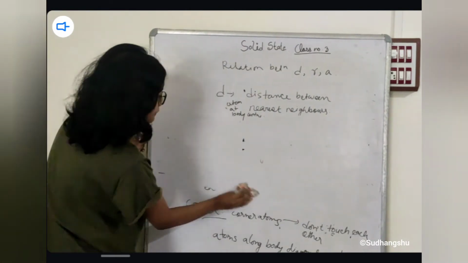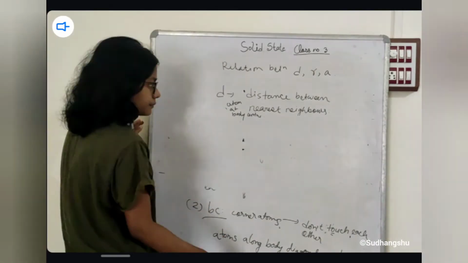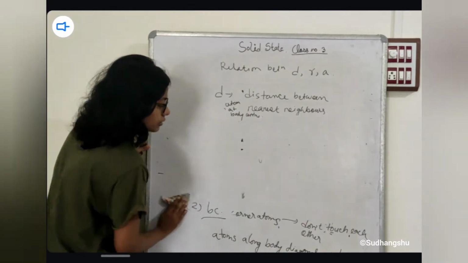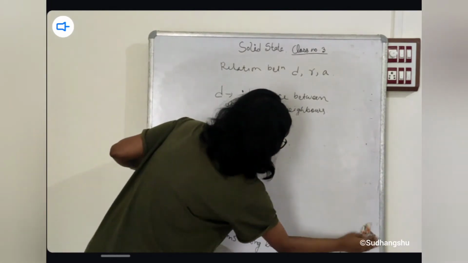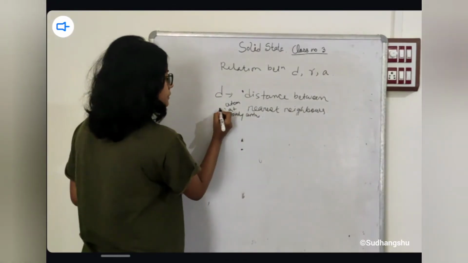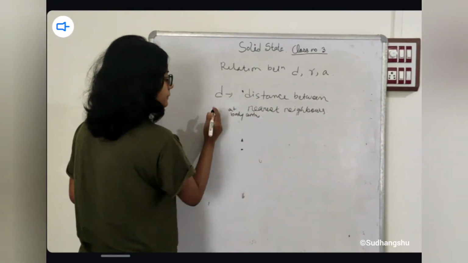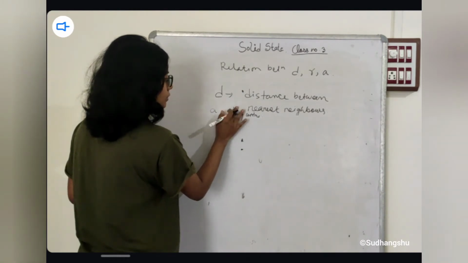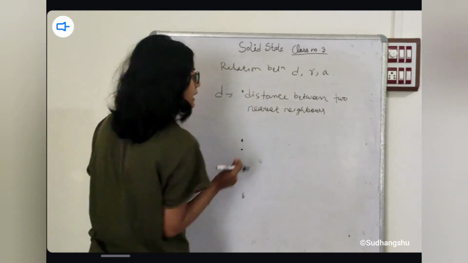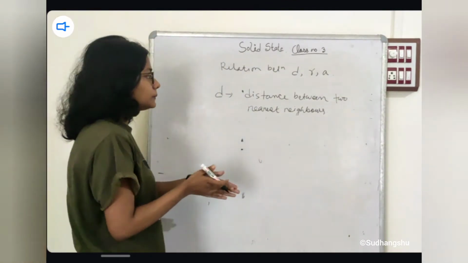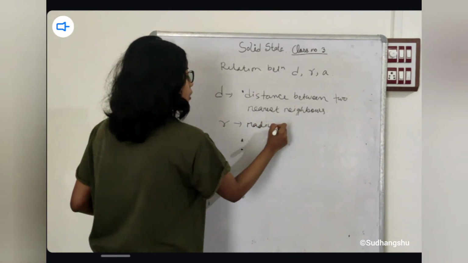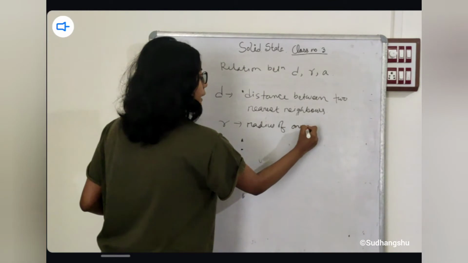So what is D? D is the distance between two nearest neighbors, and R is the radius of one atom.